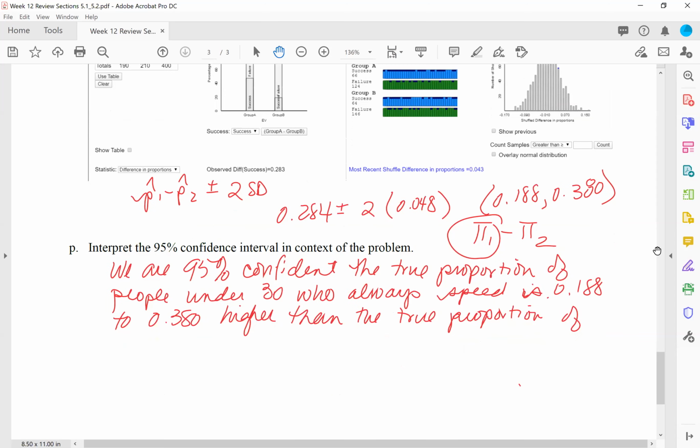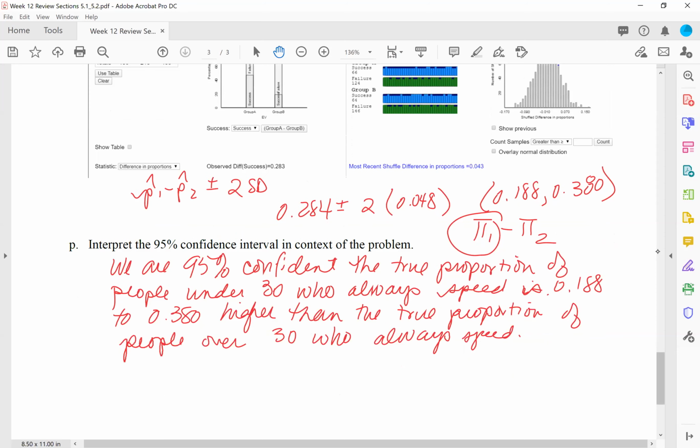That making sense on how we put that into context and talking about that order of subtraction?